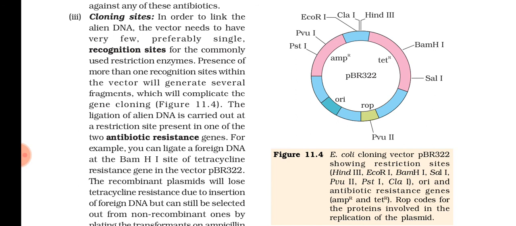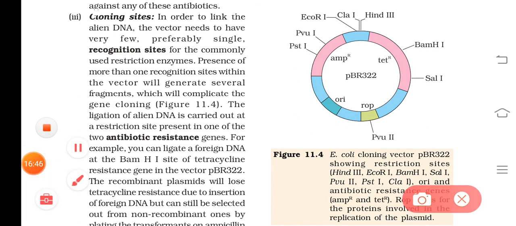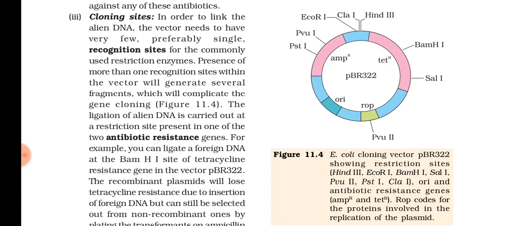It shows different cloning sites or restriction sites like HindIII, EcoRI, BamHI, SalI, PvuII, PstI, ClaI, etc. Then there is an origin of replication, and two different antibiotic resistance genes, ampicillin resistance and tetracycline resistance. And ROP codes for the protein involved in the replication of the plasmid.